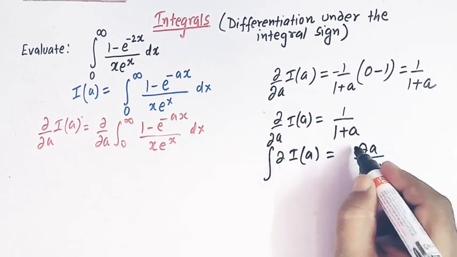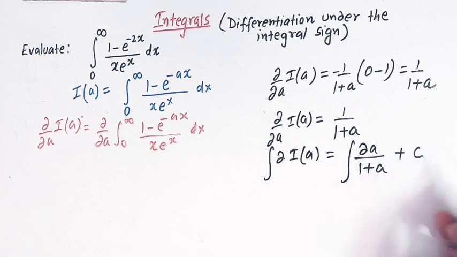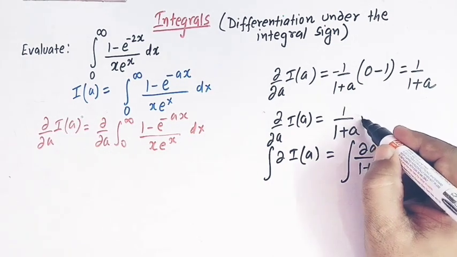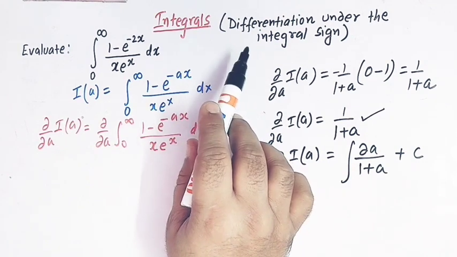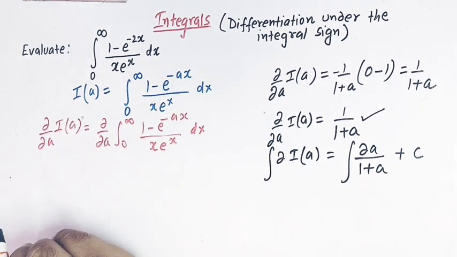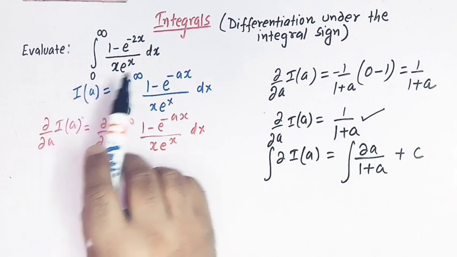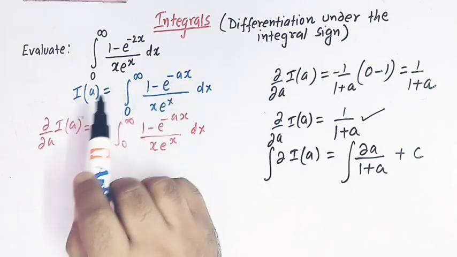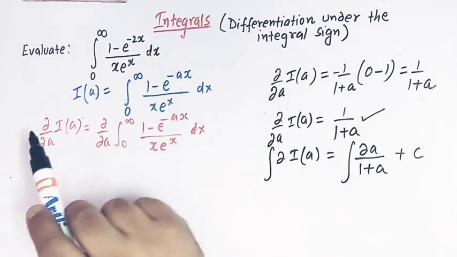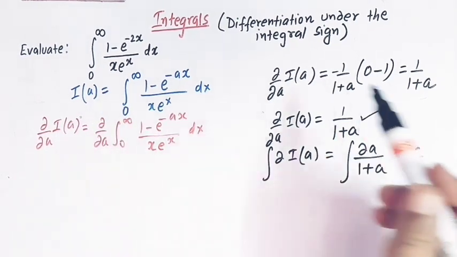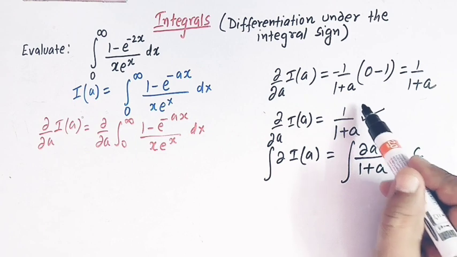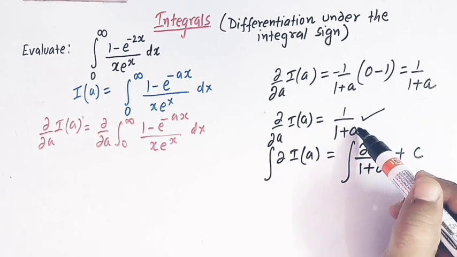This is a differential equation, because whenever we apply the concept of differentiation under the integral sign, we introduce a parameter and then we differentiate the integral with respect to that parameter, and then finally we get a differential equation as we have obtained here.